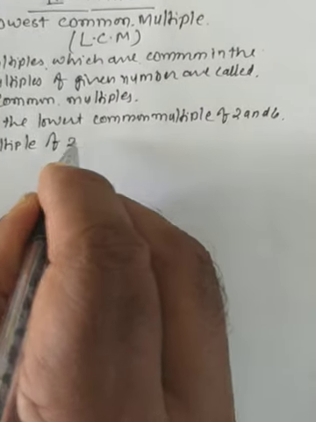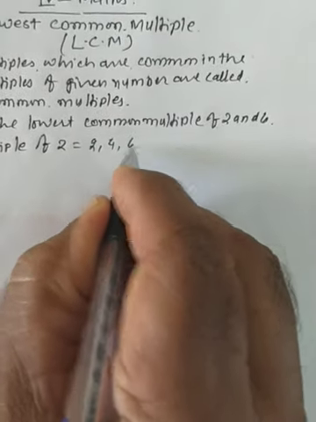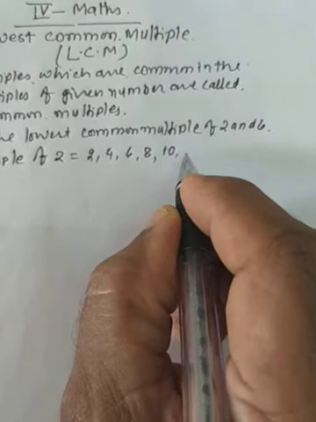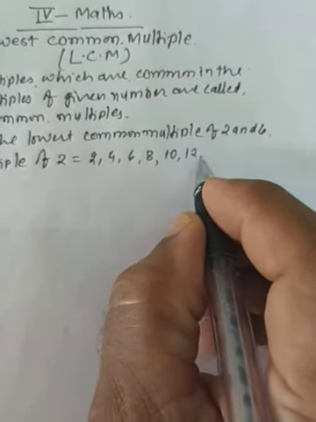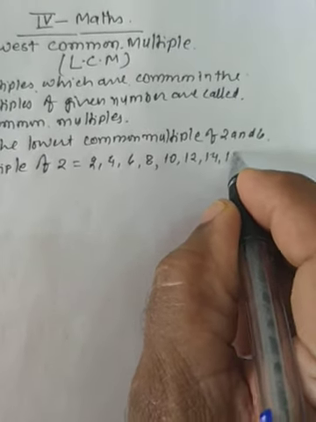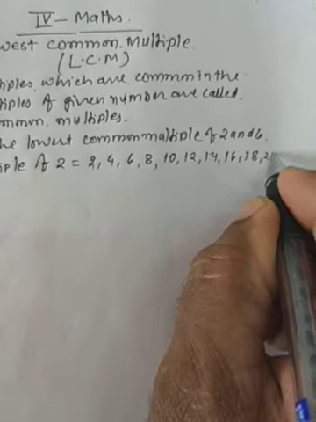Multiple of 2: 2, 4, 6, 8, 10, 12, 14, 16, 18 and 20.